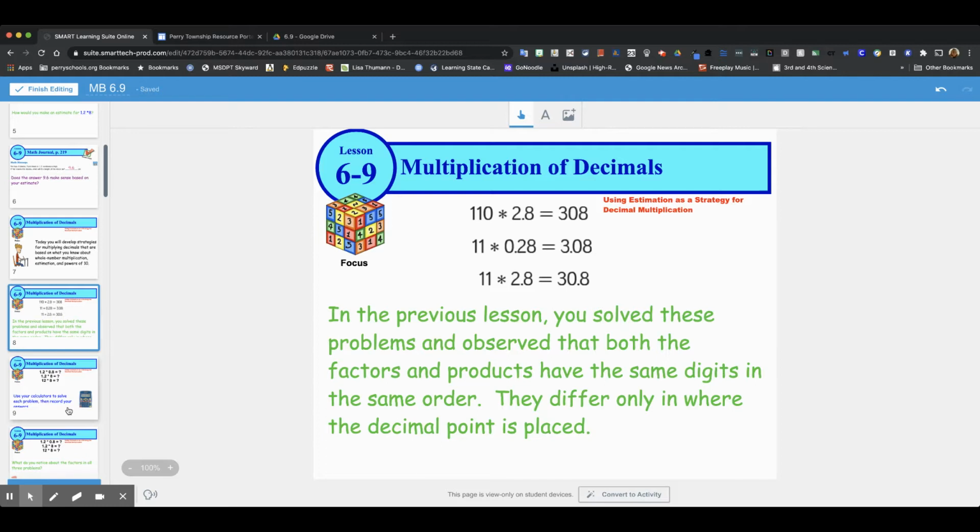In a previous lesson, you solved these problems and you observed that both of the factors and products have the same digits in the exact same order. We go 1, 1, 0, 2, 8. Notice that the 0 is just missing in this one because it's not needed. They differ only in where the decimal point is placed. That's the only difference in them.